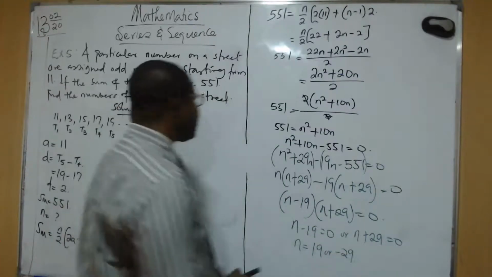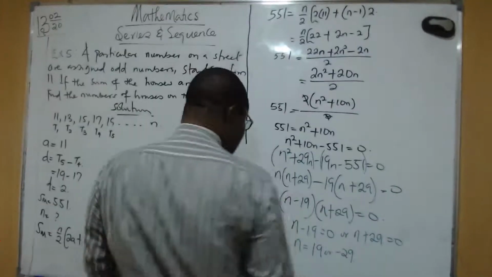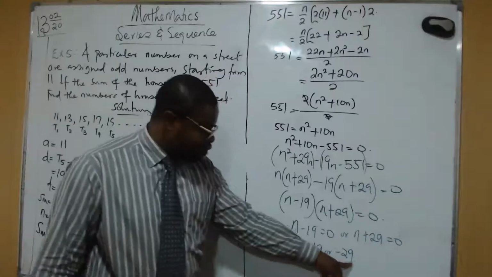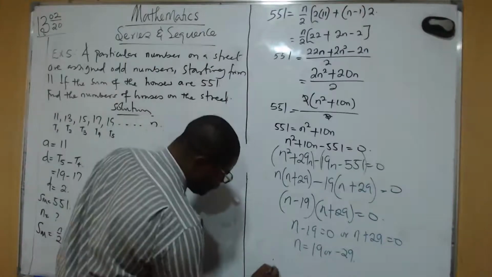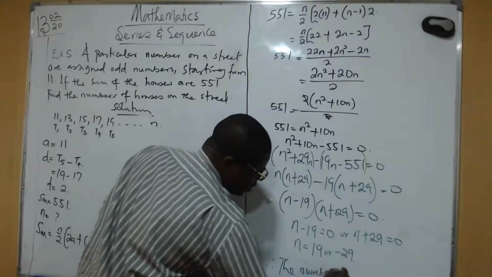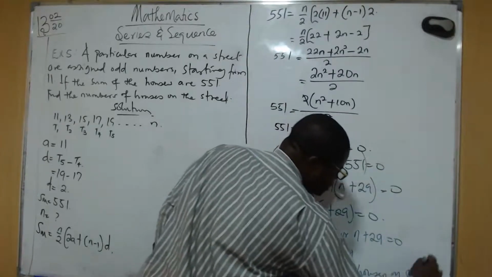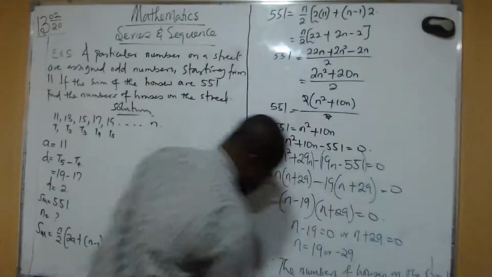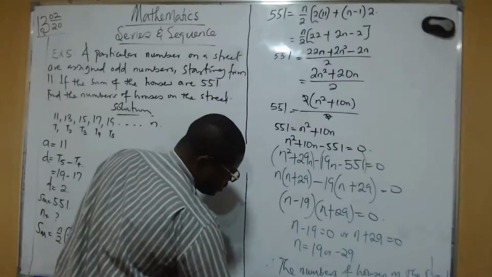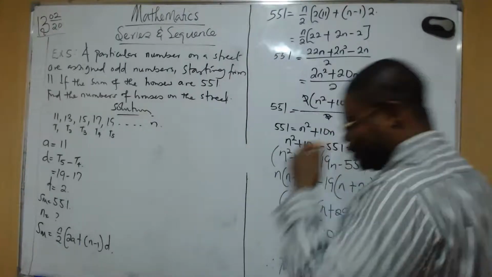So n equals 19, or minus 29. Like we said, the number of houses cannot be assigned a negative number. Therefore, the number of houses on the street is 19. So you have 19 houses on the street.